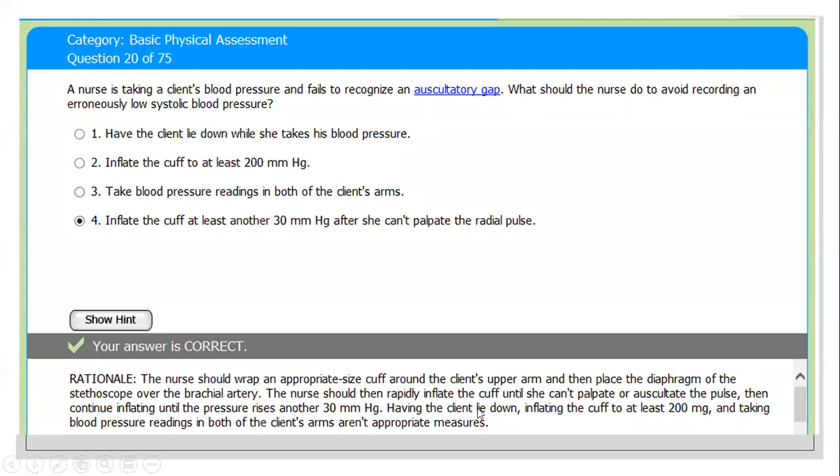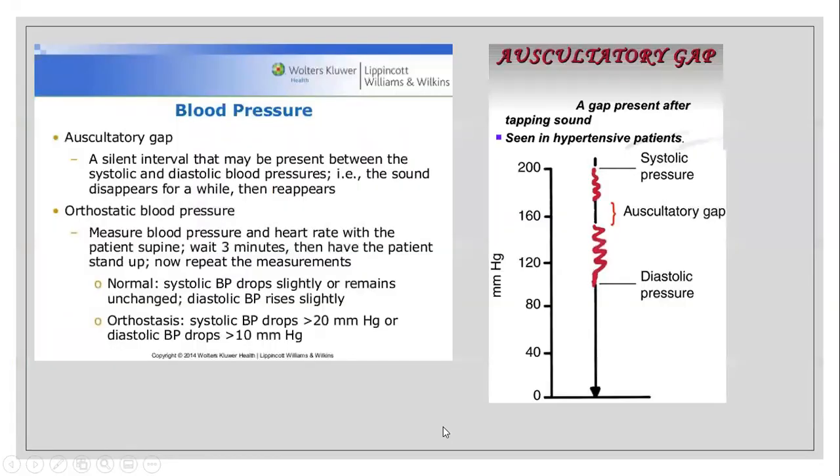Having the client lie down, inflating the cuff to at least 200, and taking the blood pressure reading in both of the client's arms are not appropriate measures.